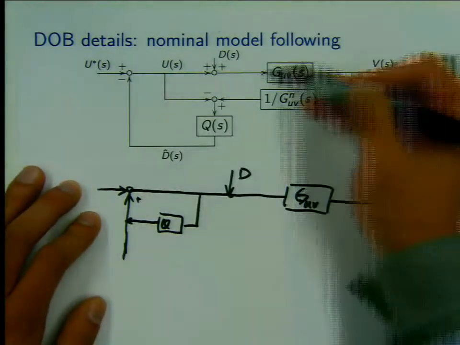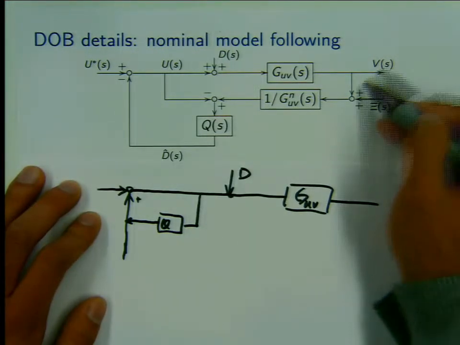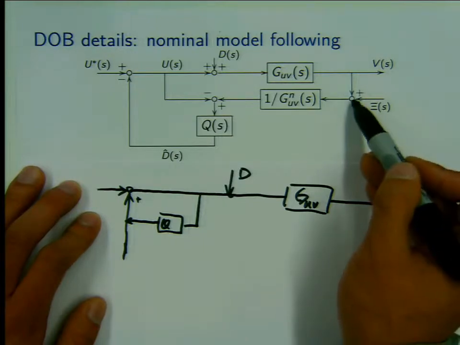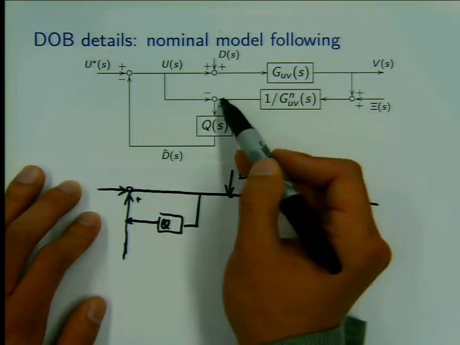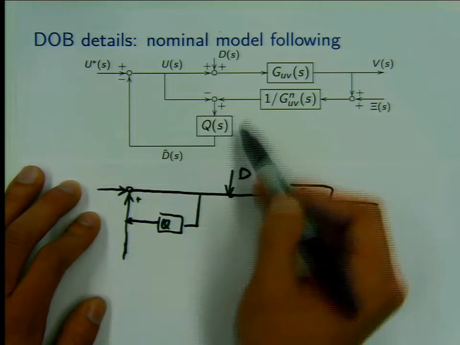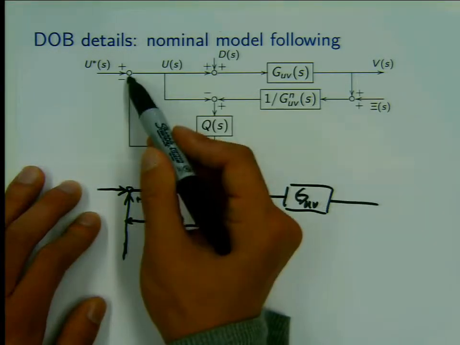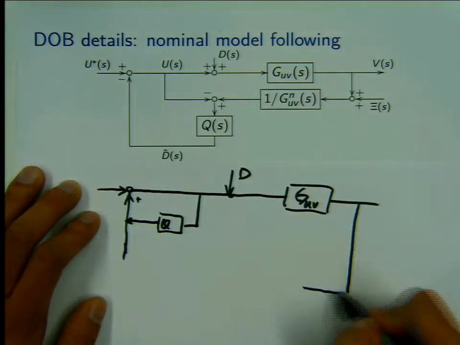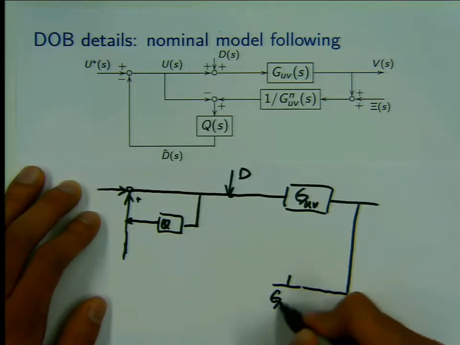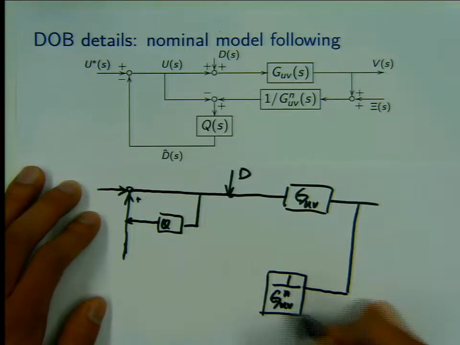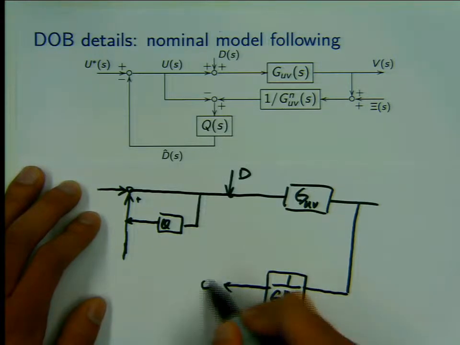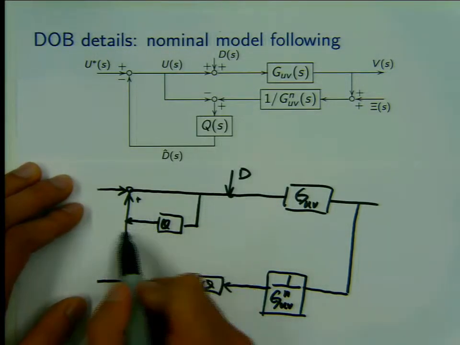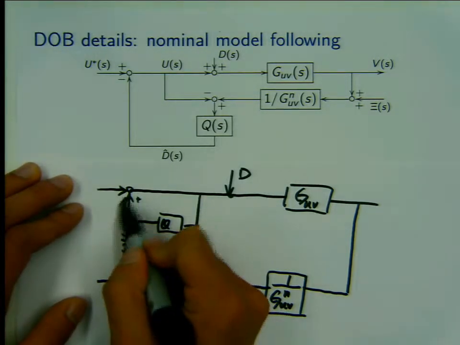Now, look at this direction here. Starting from V, I have another path going from V to this summing junction, and then to this inverse nominal system, then to Q. So starting from V, I have 1 divided by G_UVN, and then going through Q, going to this summing junction here.